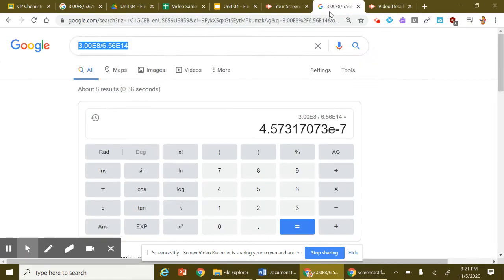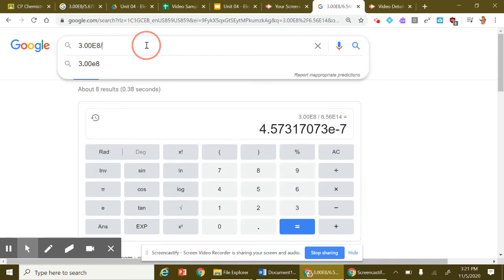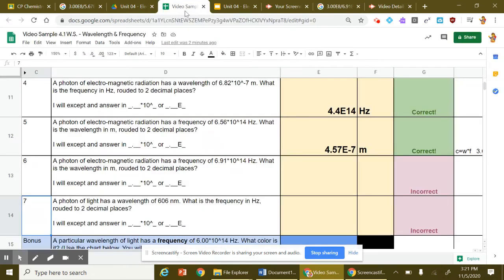So 3.00 times 10 to the 8th divided by 6.91 times 10 raised to the 14th. And what do I get? I get 4.34 times 10 raised to the negative 7th meters. All right, great. 4.34. Let me write that in.